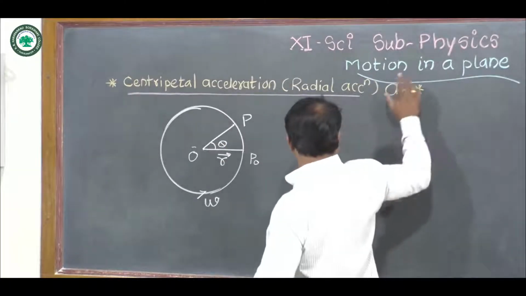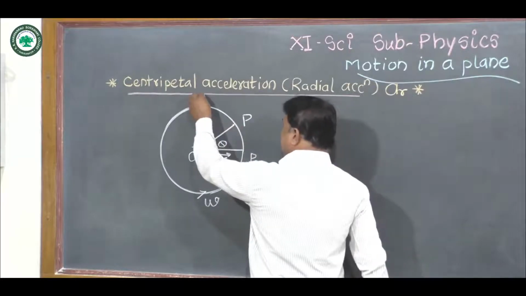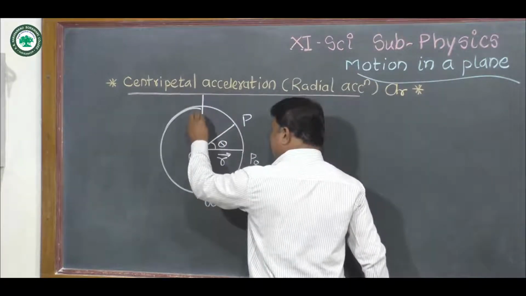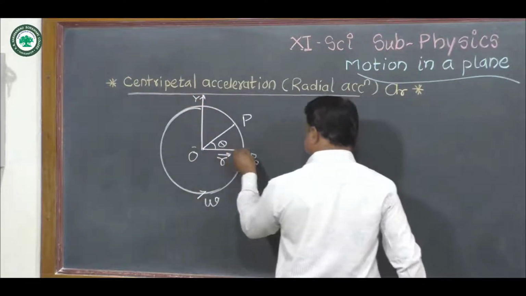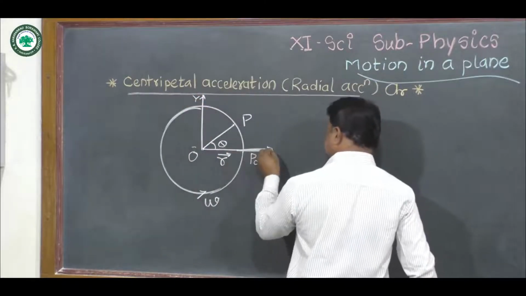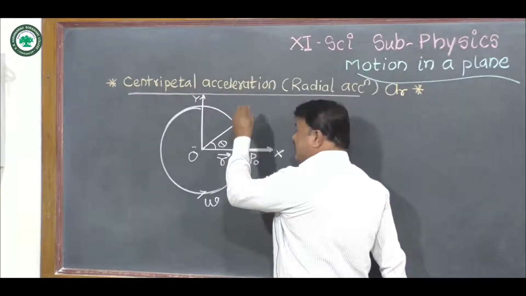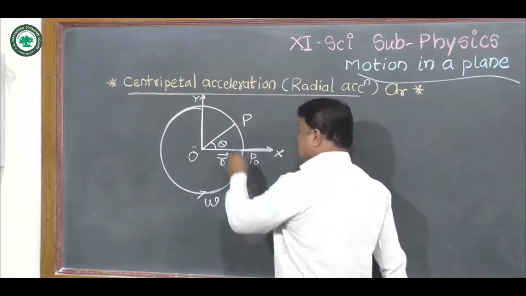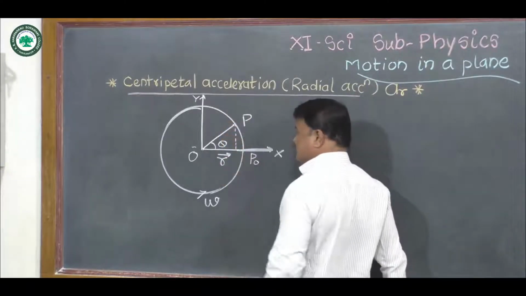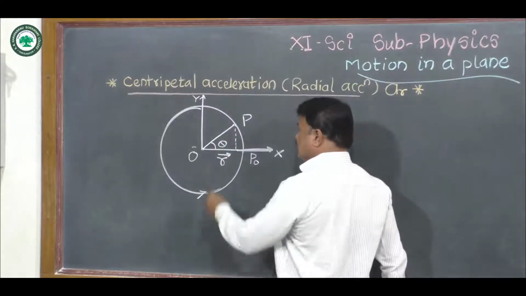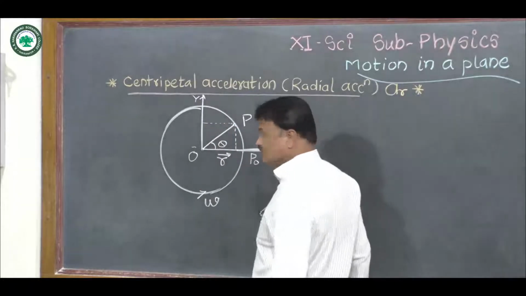If we consider this motion in a plane, then we draw XY axes. This one is the Y axis and this is the X axis. When the particle is at position P, from P we draw the perpendicular on the X axis. Also we draw the perpendicular on the Y axis.